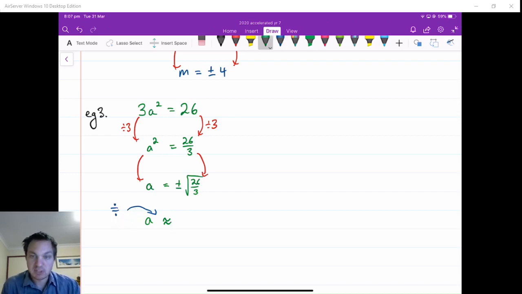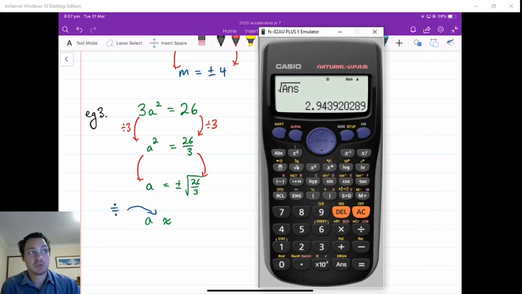It was 2.94 to 2 decimal places. So it's approximately plus or minus 2.94 to 2 decimal places. Make sure that we do show that we're rounding off.